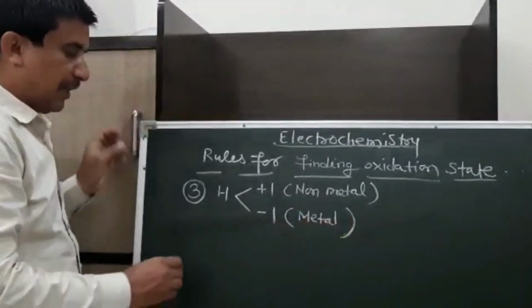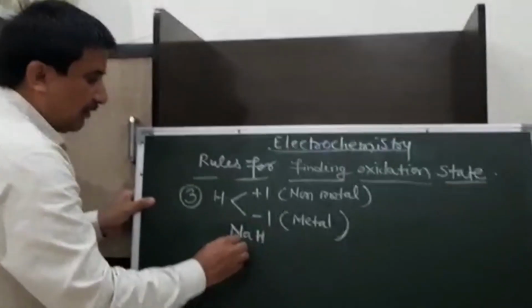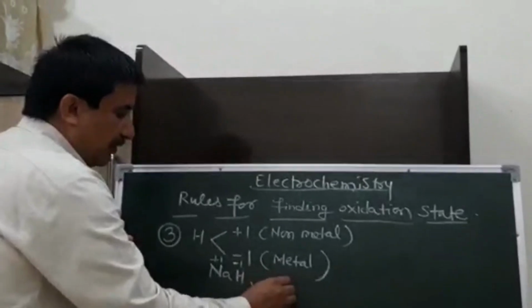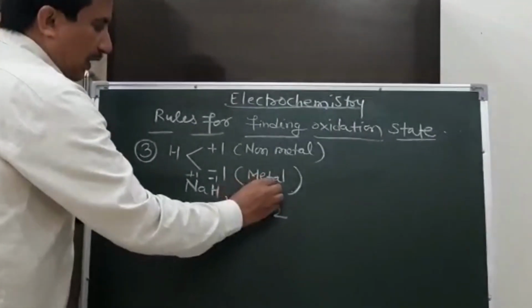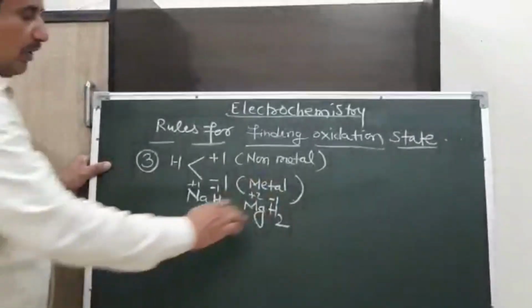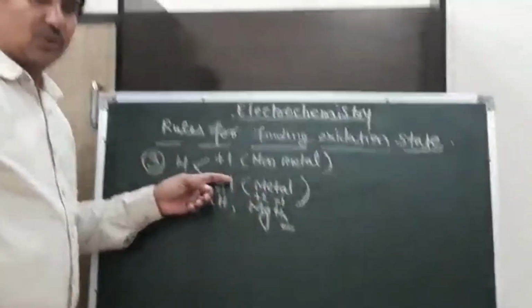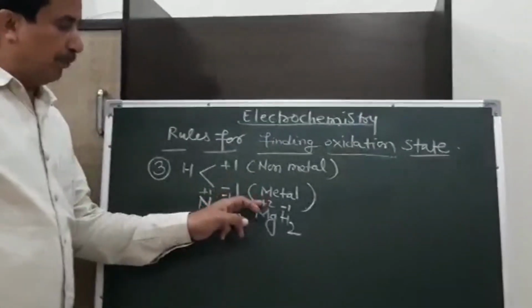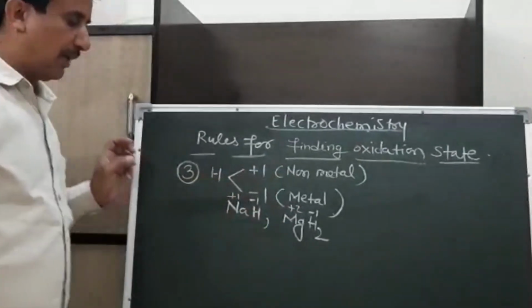So we can take examples like NaH, here sodium shows +1 and hydrogen is -1. Like MgH2, here magnesium is +2 and hydrogen is -1. So in this way hydrogen exhibits two oxidation states, -1 and +1. With non-metals it shows +1 and with metals it shows -1.